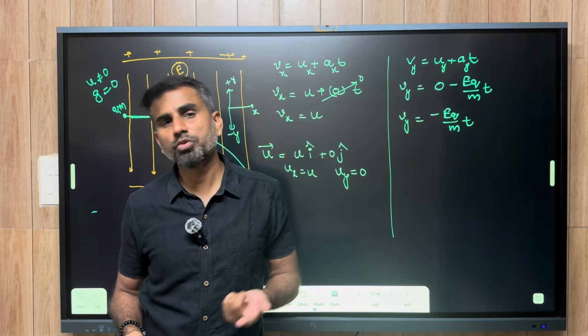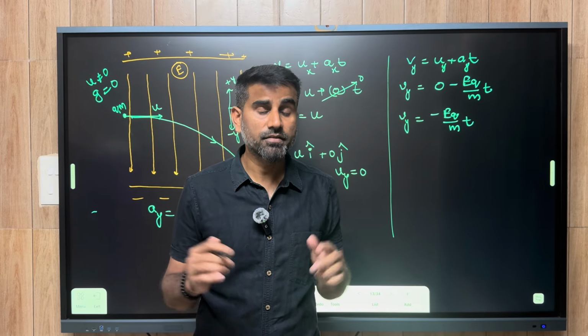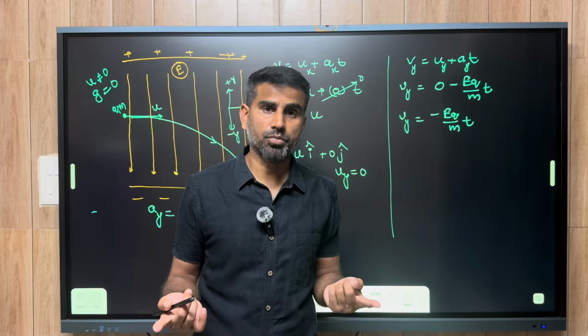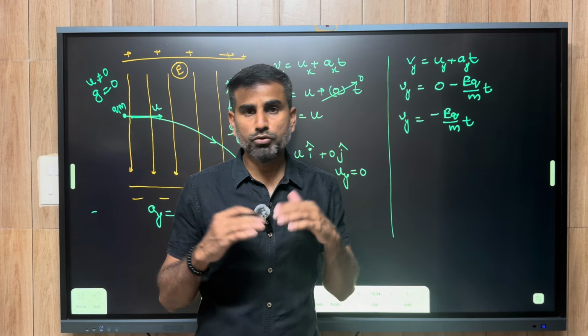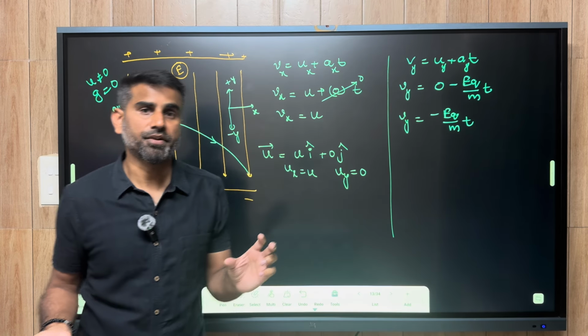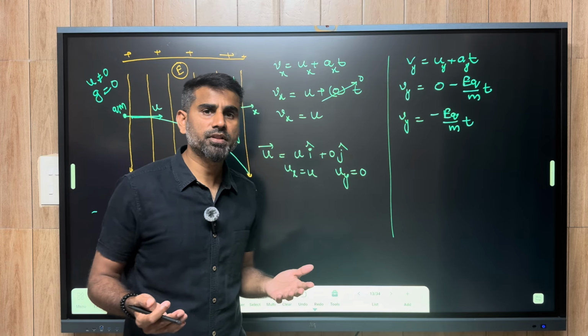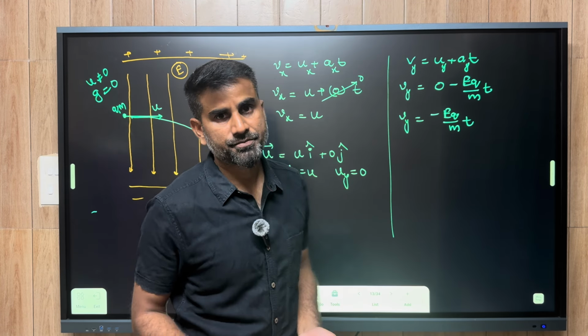For the same object, there won't be two different initial velocities. Rather, the velocity will have two components, x component and y component, and the acceleration also will have two components. We have to identify these components, and then it's a simple thing. The second step is using the kinematic equations.